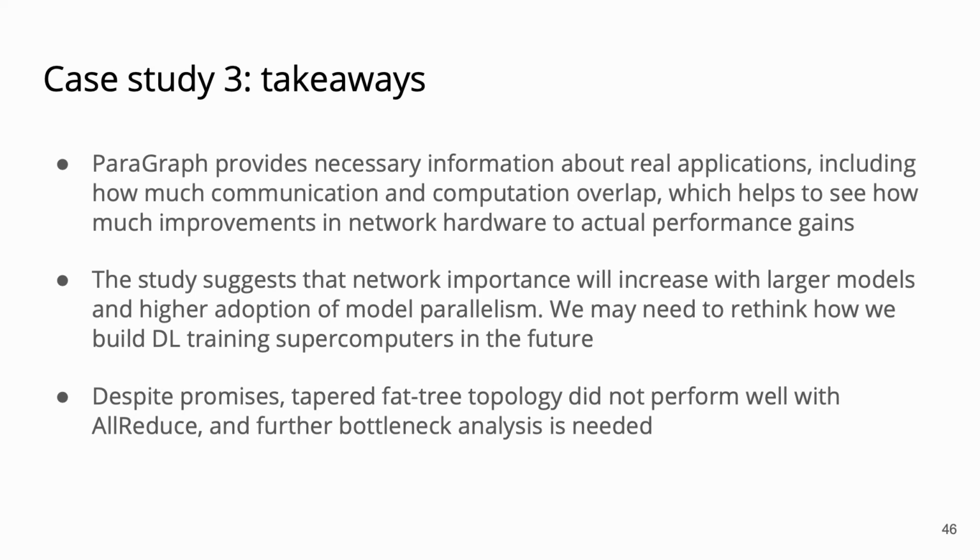So what did we learn during this study? First, ParaGraph can provide traffic from various applications to various simulators. Second, we can see that ParaGraph can provide information to the hardware modeling level about current software optimizations, for example, communication with computation overlap.